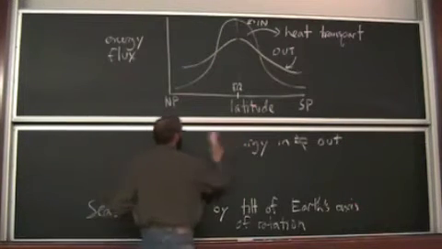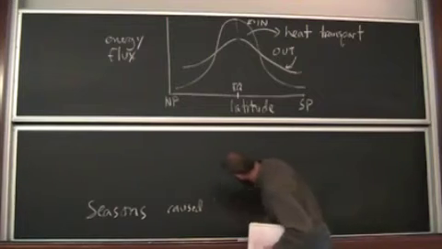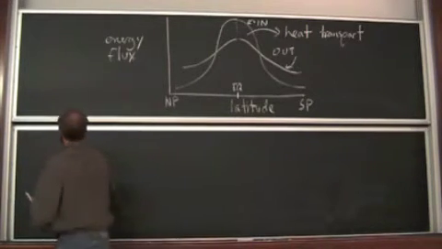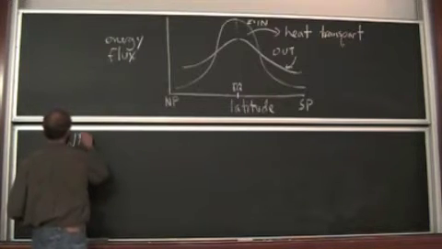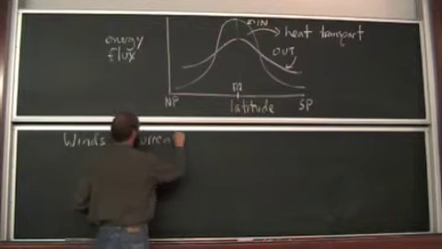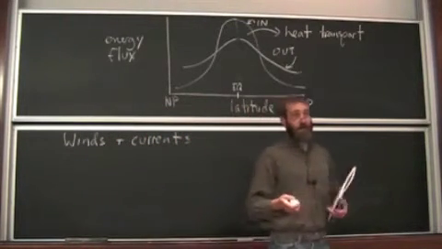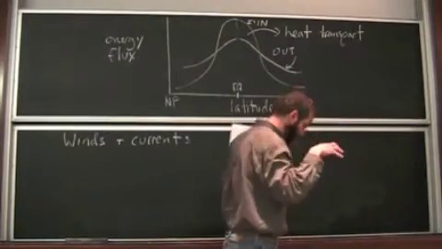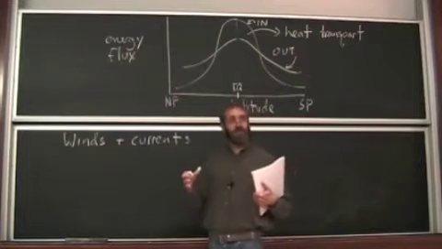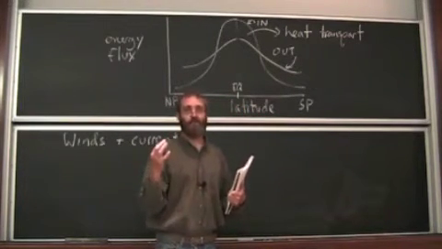And so we have to start thinking about winds and currents just a little bit. The way that the winds blow and the currents flow on Earth is determined by the fact that the Earth is rotating.